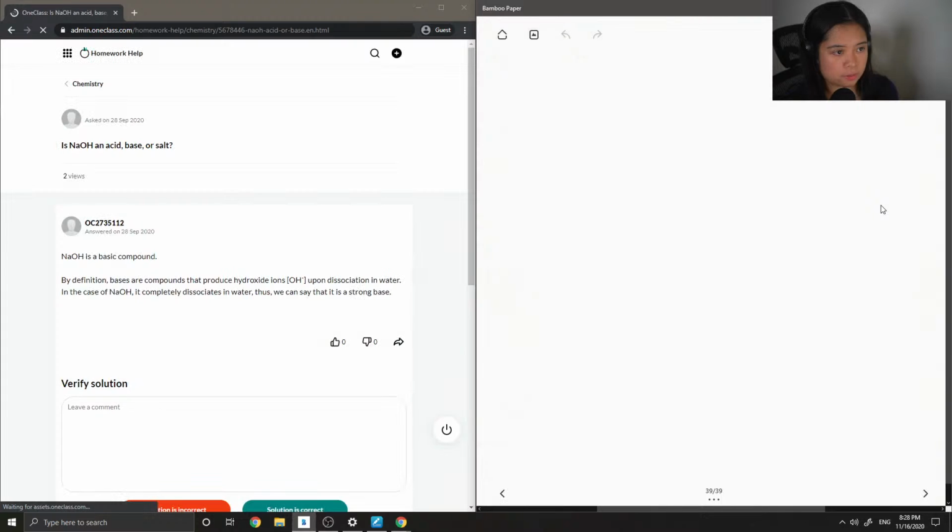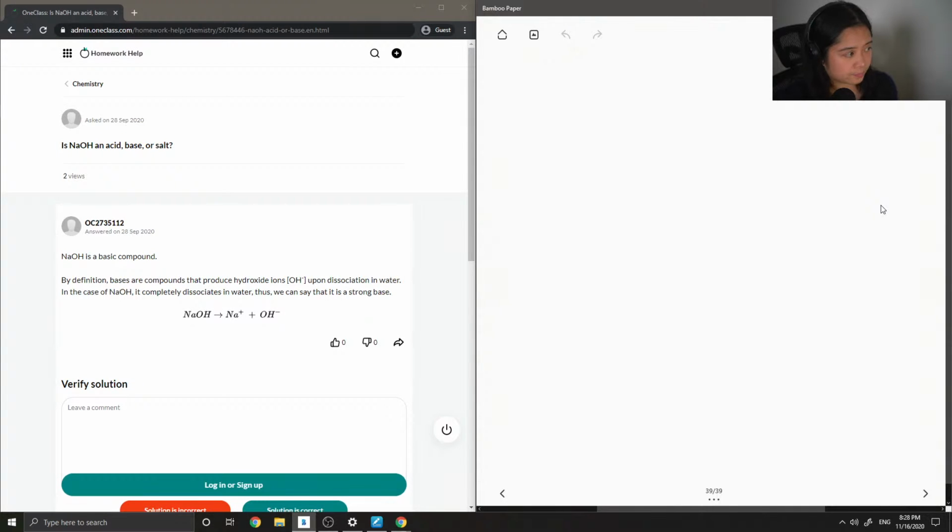Okay, so on to question 7. Is sodium hydroxide an acid, base, or salt? So if we write sodium hydroxide and try to separate it into its ions, you get Na plus OH minus.